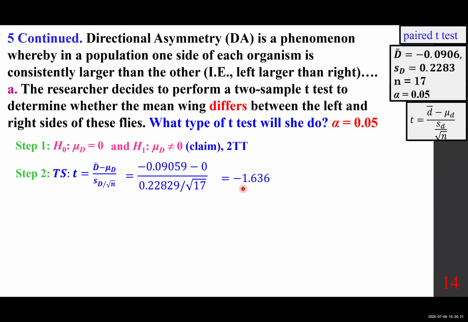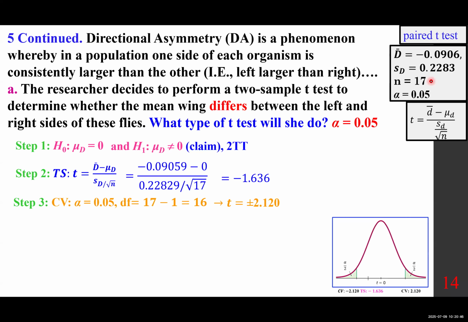The next one is the critical value, which comes from the choice of alpha. Alpha is 0.05. Degrees of freedom is n minus 1, or 17 minus 1. And if you use the table, because it's a two-tailed test, you get plus minus 2.120. To make a decision, we're going to go with the graph.